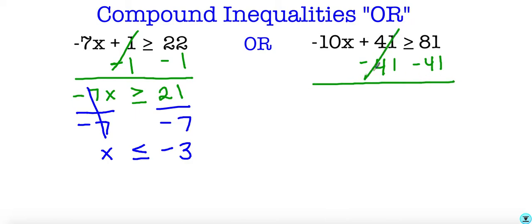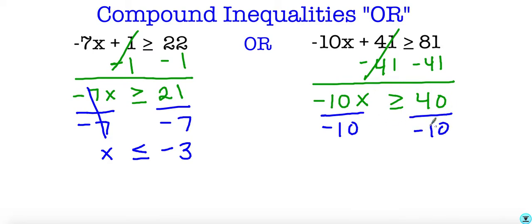This cancels out because they're opposites. -10x is greater than or equal to 40. So here, we'll divide both sides by -10. And because we're dividing again by a negative, our inequality does change. So x is less than or equal to -4.